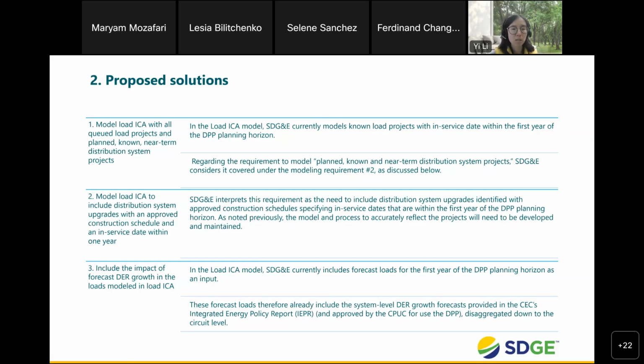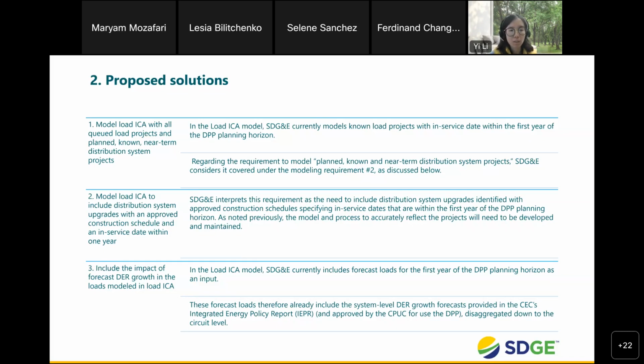That's consistent with how we model the known load for GNA as well. As far as modeling the planned distribution system upgrades, as I explained earlier, we will implement that as part of the distribution system upgrades, because we consider it a subset of the distribution system upgrades.